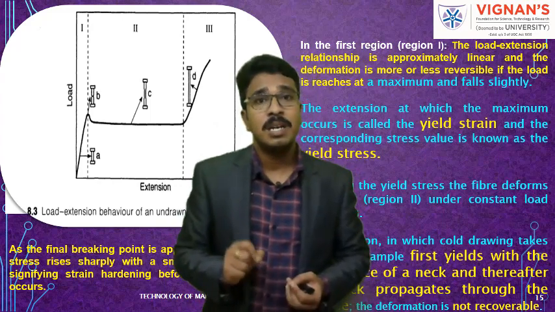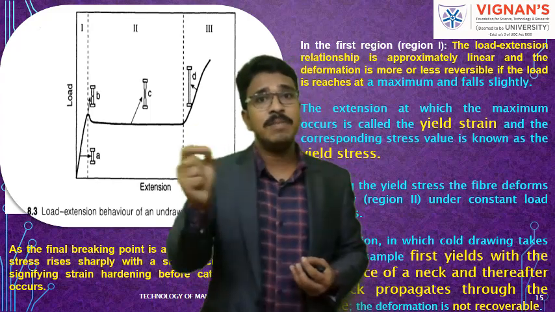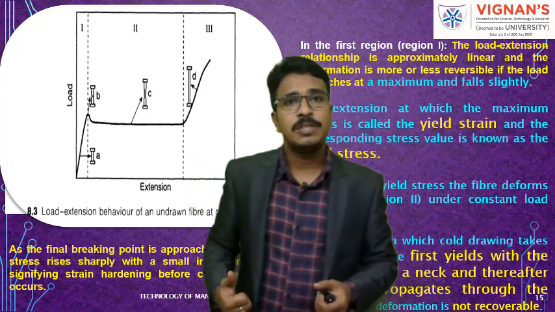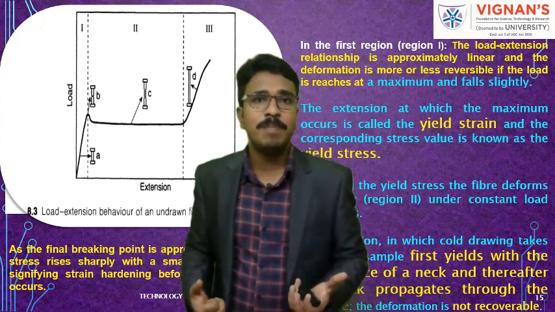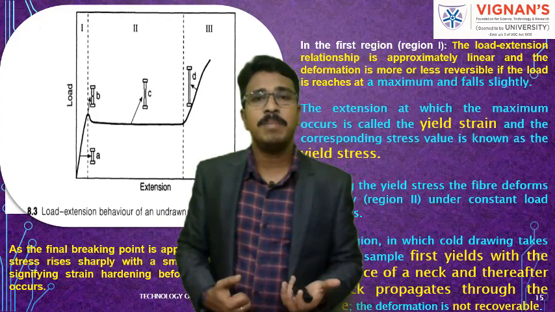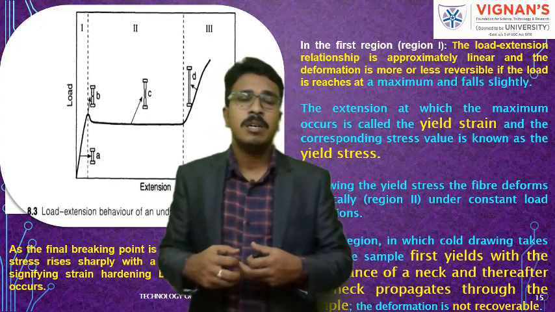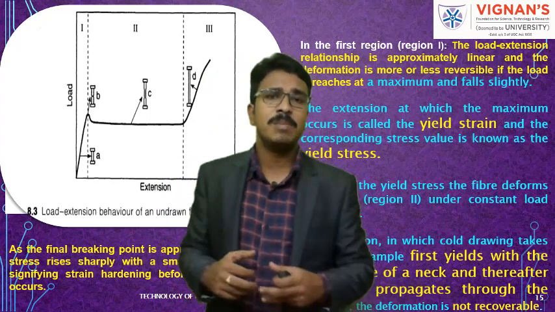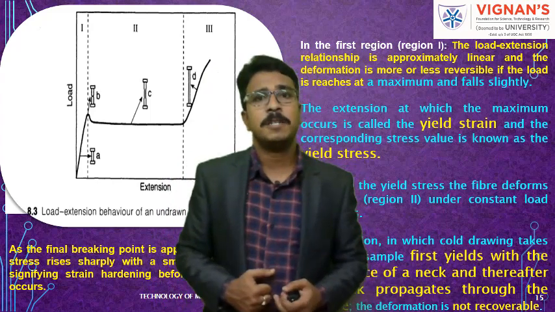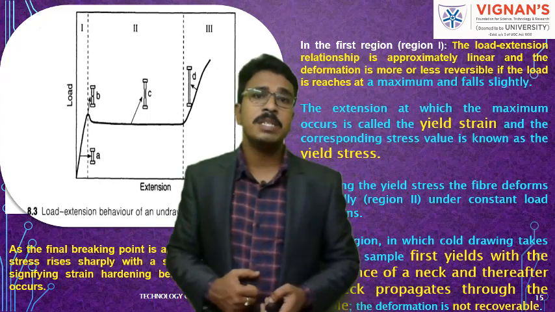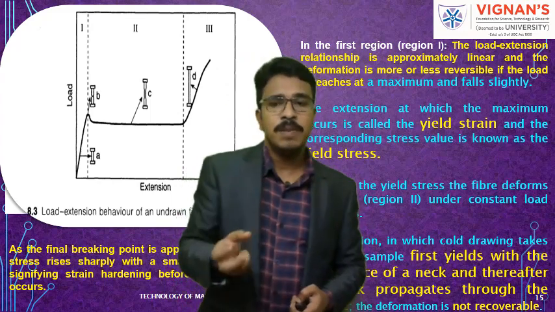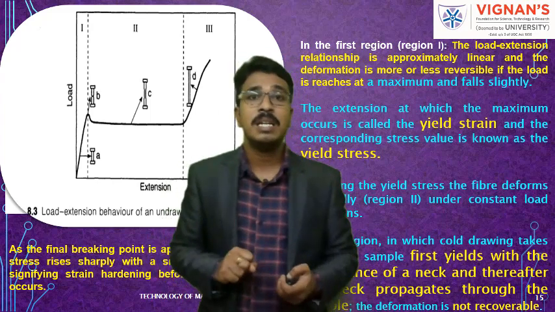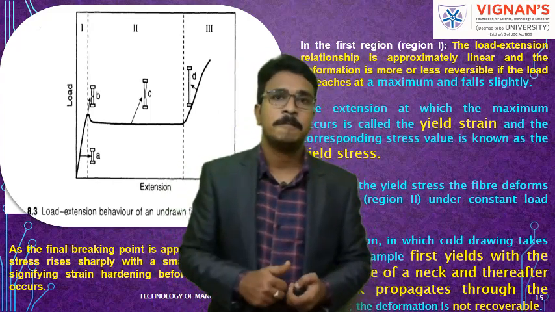If you compare A and D with each other, maximum strain has been reached, maximum load we have applied, and finally the filament is going to break. Maximum deformation occurs in the filament, and even if you increase the strain by a small increment, the filament is going to break.